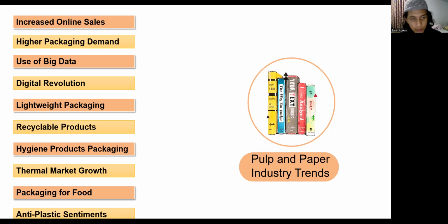So next is the use of big data. Another trend that's in play in the pulp and paper industry is the use of big data. This is for the purpose of analyzing industry trends and optimizing the results of production, marketing, or sales. There is also the use of new technologies, including intelligent systems and connected devices during the production process to improve outcomes.